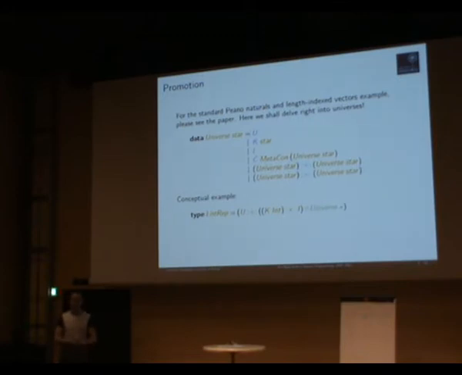And promotion means that you're not just defining the data type universe, you're also defining the kind universe. And then that kind is inherited by these types here. So we can represent lists as a type now by using these promoted constructors, which are now types. So they appear in orange down here.